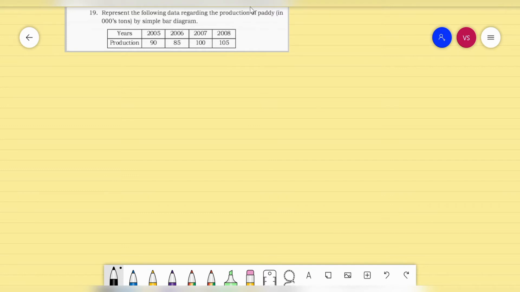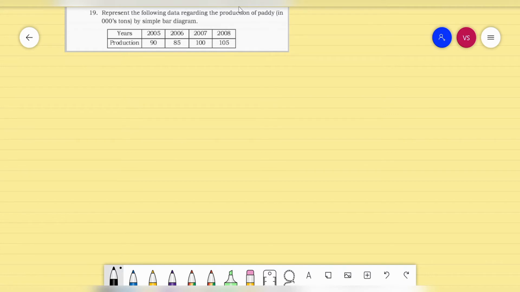Represent the following data regarding the production of paddy in 1,000 tons by simple bar diagram. Very simple question. According to the rules of drawing a diagram, there should be a proper title.